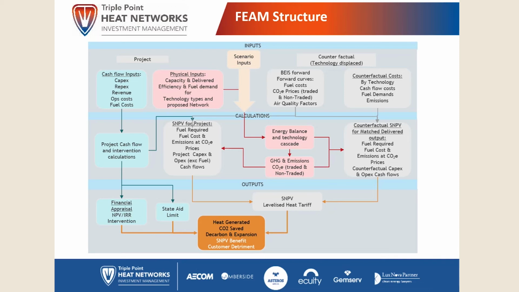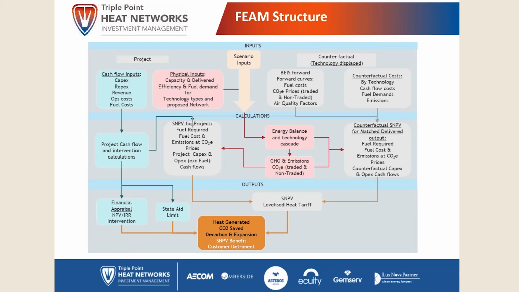So we have a load of standing inputs on the counterfactual, which is base, forward curves, fuel costs, etc., all publicly published information. It generates counterfactual costs by technology based on the counterfactual type you tell us, and it calculates the SMPV.